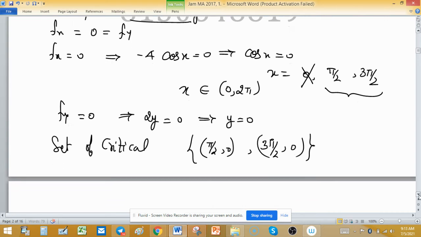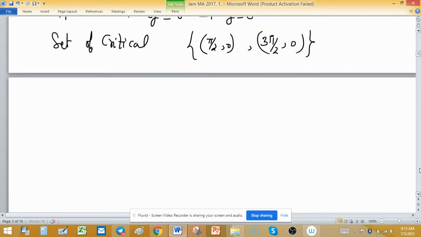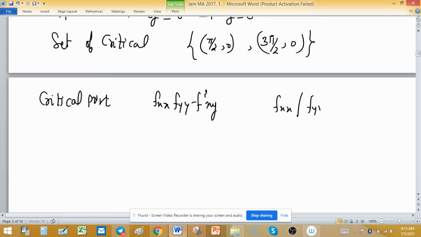So we will check the nature of fxx fyy minus fxy square at these critical points. This is the table: critical points, fxx fyy minus fxy square, fxx or fyy, and the nature of the critical point.